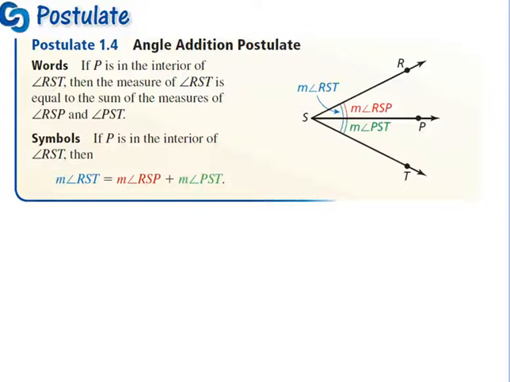Those parts may or may not be equal, but it doesn't change the size of the angles. So I can take this angle RSP and the angle PST. If I add those two, it's still equal to the measure of this outside angle here.